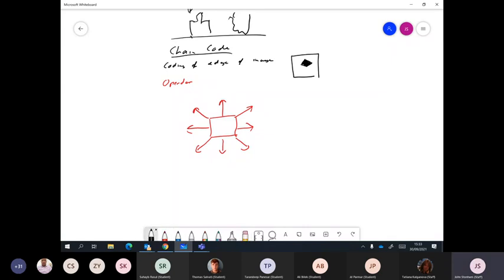And you have to label these directions. Now, the obvious way of labeling them, there are 8 of them, would be 1 to 8. No. 0, 1, 2, 3, 4, 5, 6, and 7. Why 0 to 7? 3 bits. I need 3 bits to represent the neighboring direction. 0 to 8 would require 4 bits, and it would take up more bits.